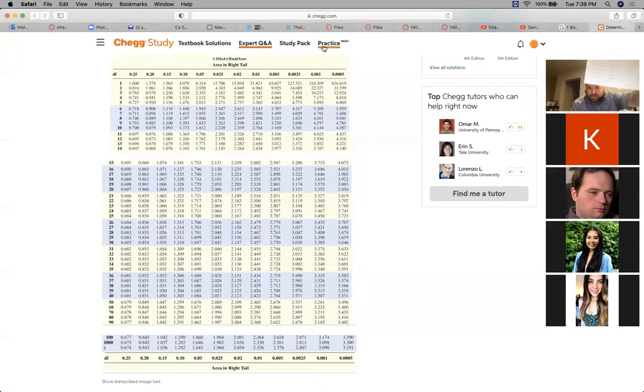I'm going to hold that up so you guys can see it. So these are the conditions.